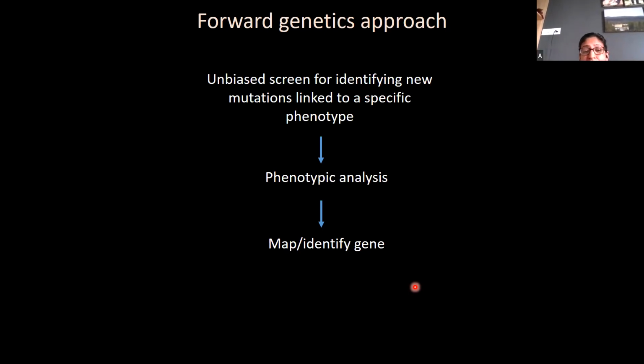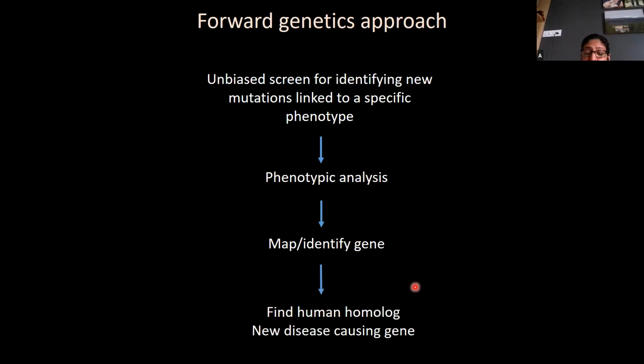But if I cross it with a line where only B is deleted, this line will survive. This way you perform complementation and figure out, okay, my mutation is in gene A. So I'll keep it. I know now where my mutation is, I know the sequence, I know which gene it is. So now I have my gene.